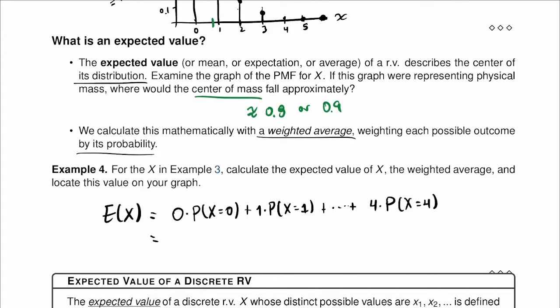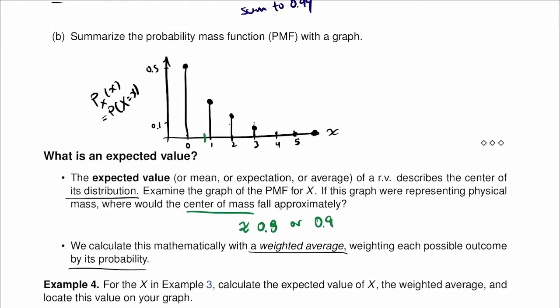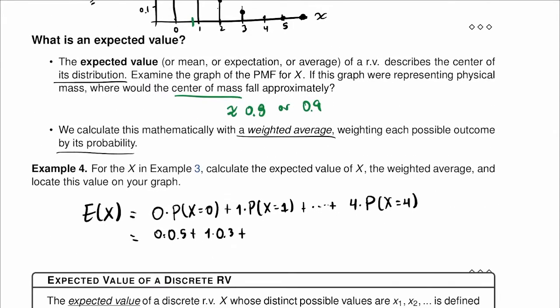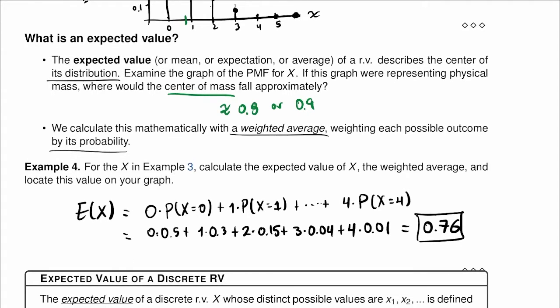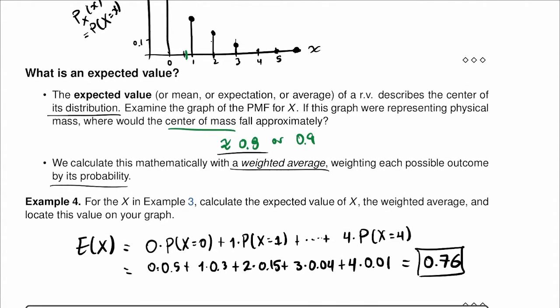And if we do that, this is going to be 0 times 0.5 plus 1 times 0.3 plus, we have this table, 2 times 0.15 plus 3 times 0.04, and the last value that we found, 4 times 0.01. And if we do that, this is going to be 0.76. And this is actually the center of mass for this distribution.